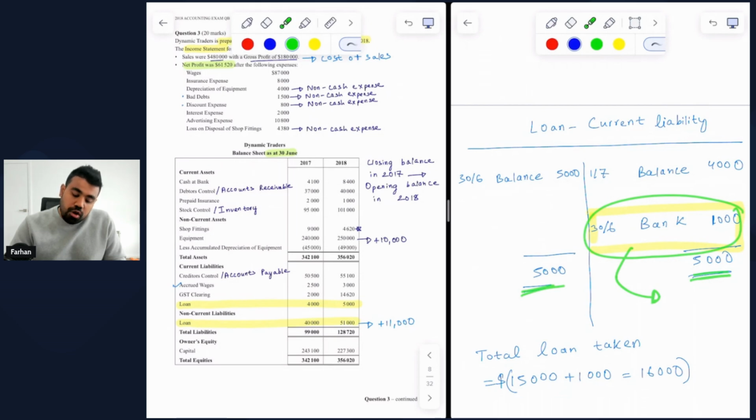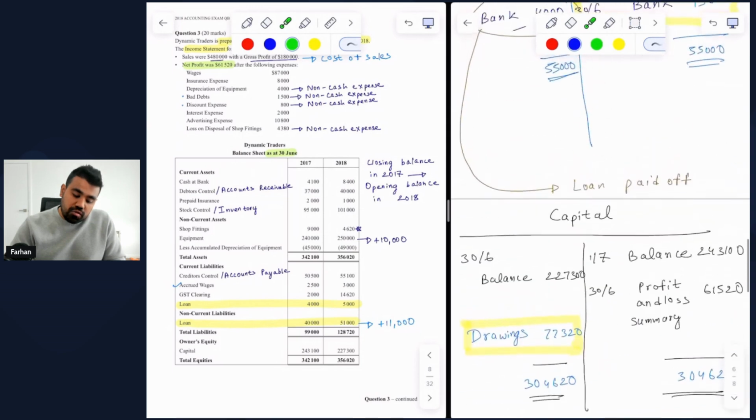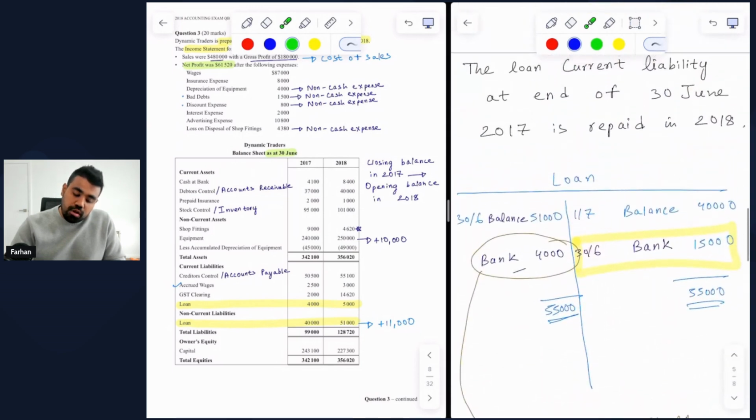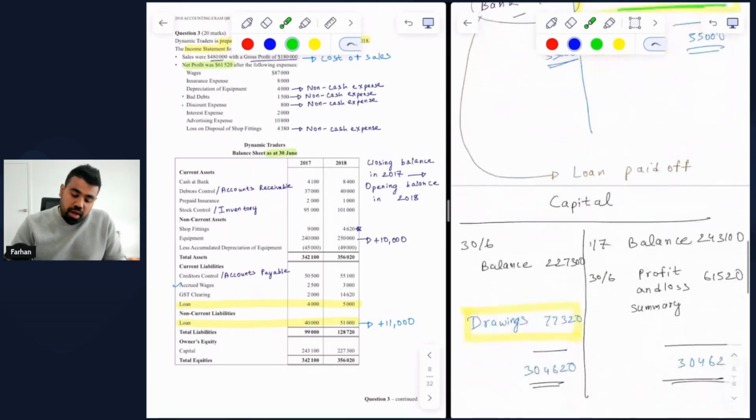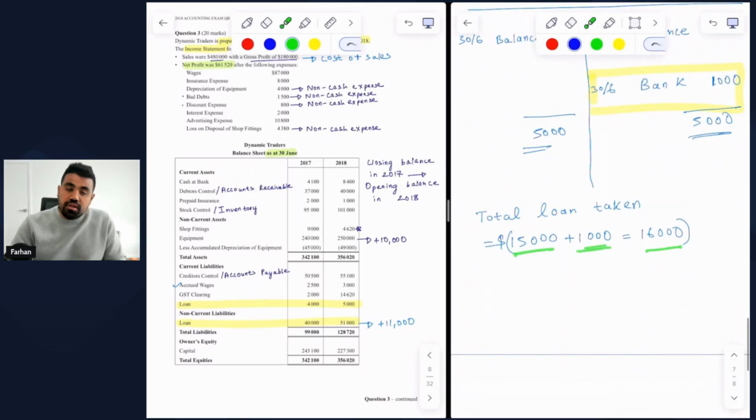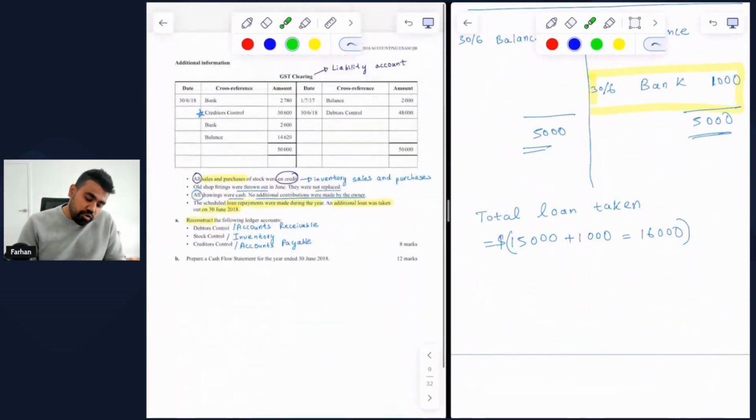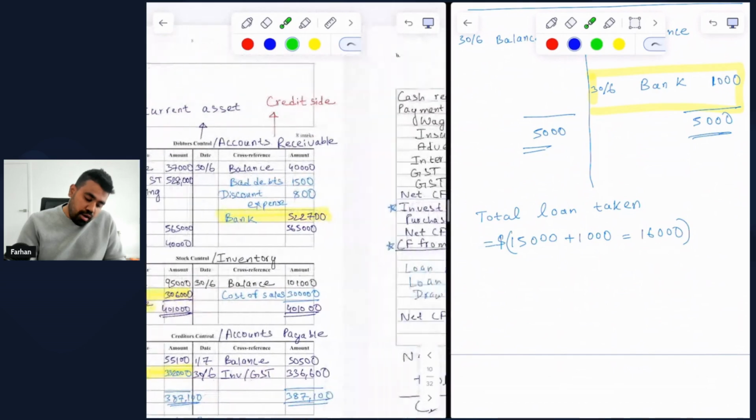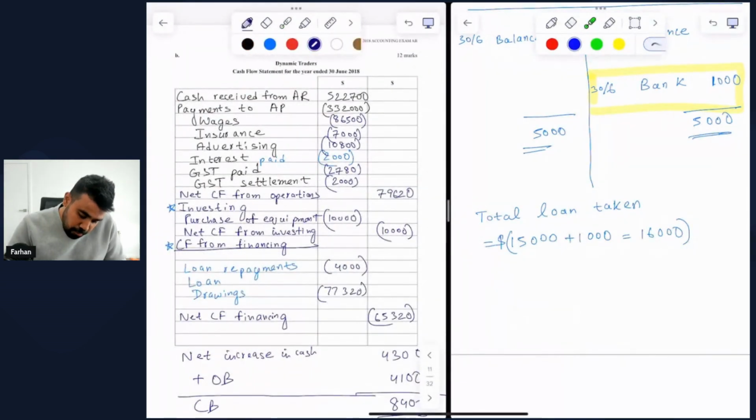So this additional loan of $1,000 that we have taken out, if we are adding that to $15,000 more that we have taken for non-current liabilities based on our calculations from the previous ledger account, the total loan that we have taken comes out to be $16,000. This is the number that we are going to include here in the cash flow statement account as a positive number because this is referring to a cash inflow.